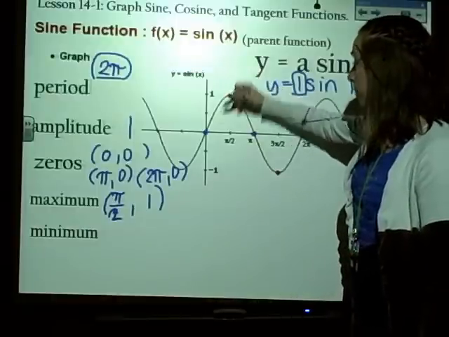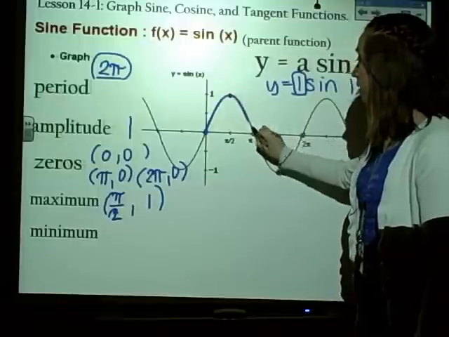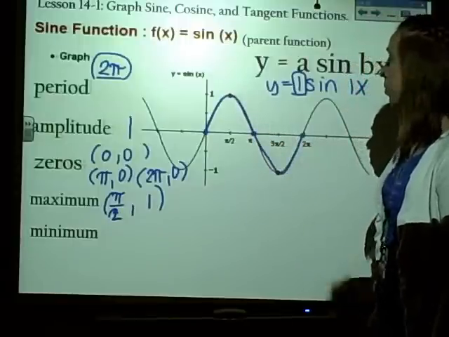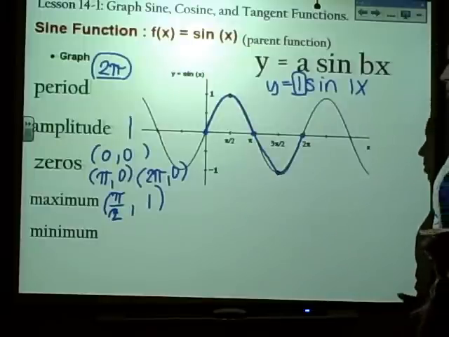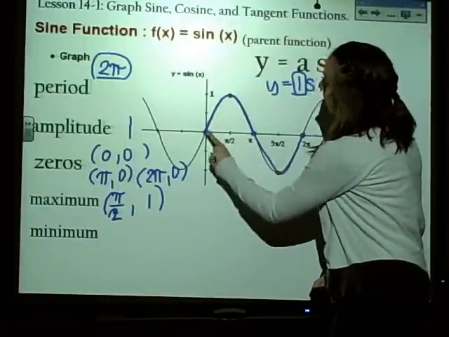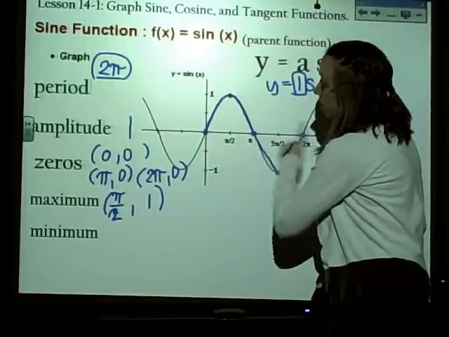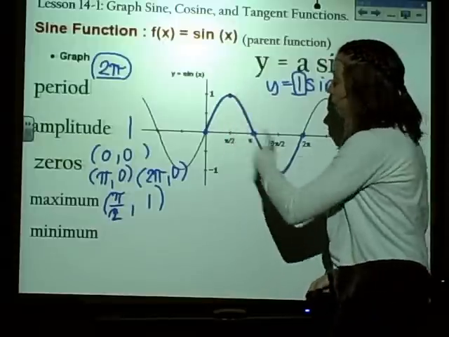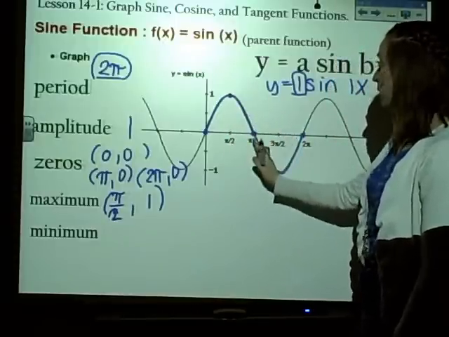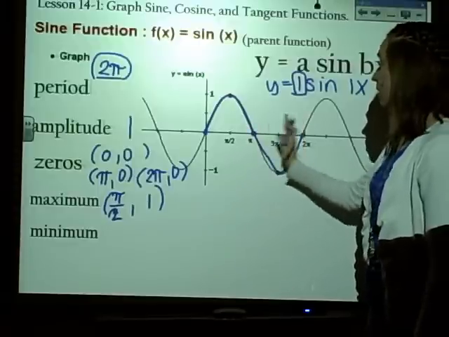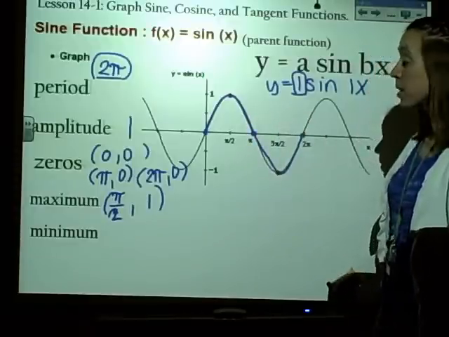Once we get those intercepts in, once we know then we can kind of draw in our curve. Sine curves are kind of cool because they follow the same type of pattern. So we can just look halfway between the origin and your second intercept there. Halfway is going to be your maximum. The other way, halfway between your second and your third intercepts, that's going to be your minimum.